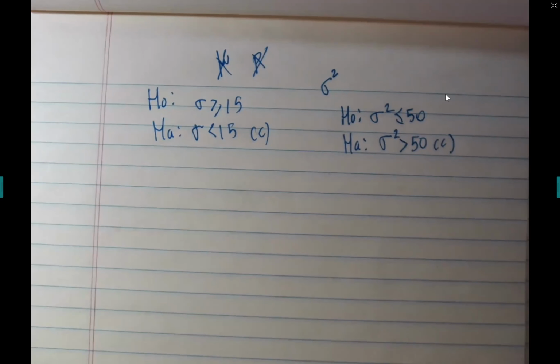Now, do we use a z-test, t-test, a proportion z-test? None of those, because the z and t tests are used to test claims about the mean. The proportion test is used to test claims about the proportion. And there is a new distribution that I'm going to introduce right now that we use to test claims about the standard deviation.